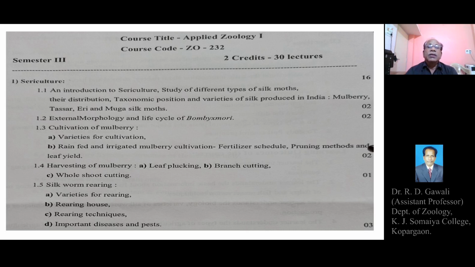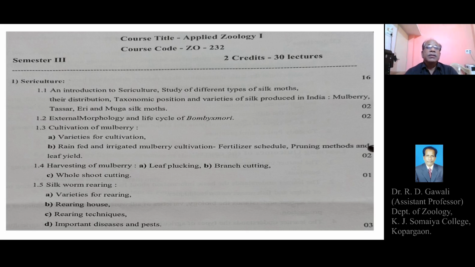This course having the weightage of 2 credits, that is 30 lectures, and it has 2 chapters or topics, that is sericulture and agricultural pest and their control. So today we'll discuss about the syllabus of this course.